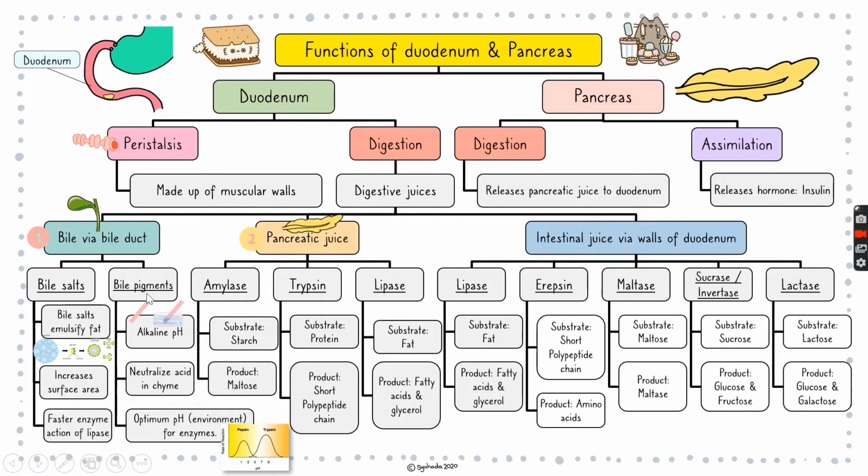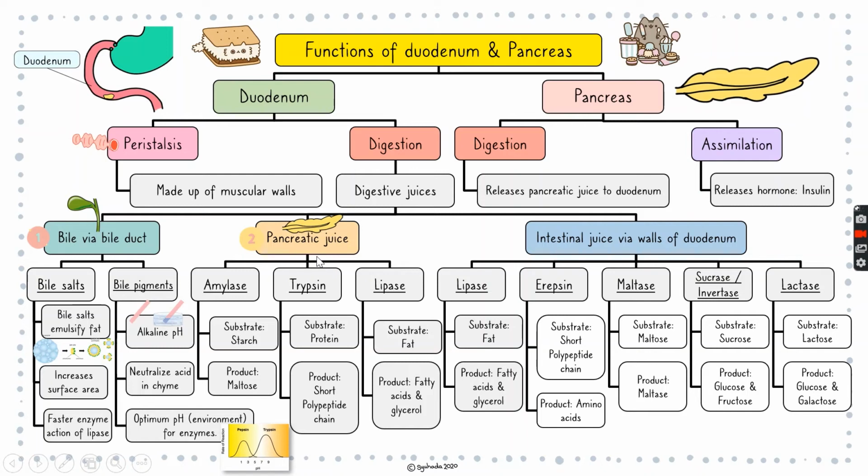So this bile pigment helps to neutralize the acid found in the chyme, because chyme comes from the mixture of the bolus after it turns in the gastric juice. So the optimum pH environment for other enzymes will be provided by the bile pigments.